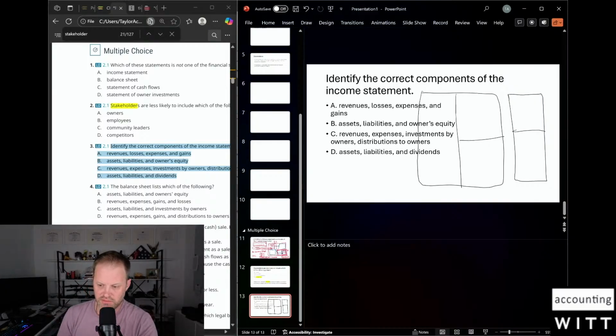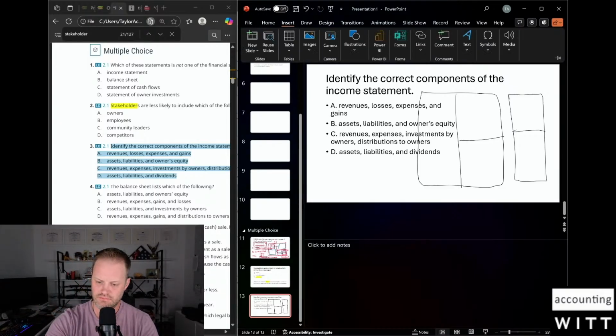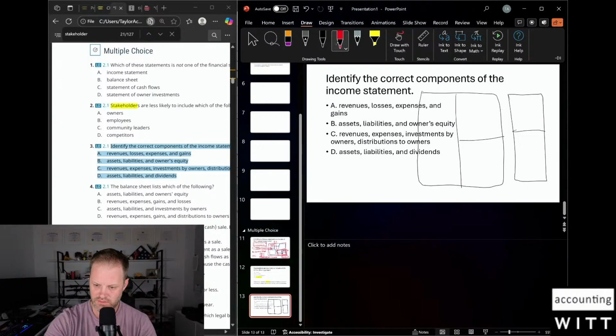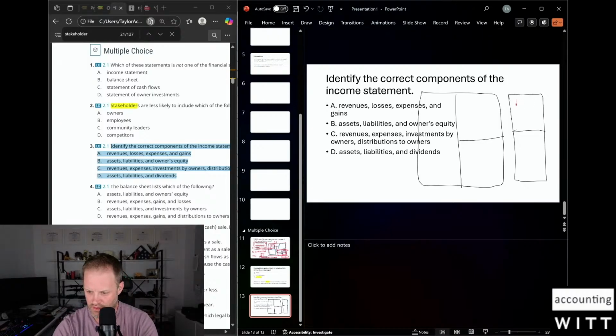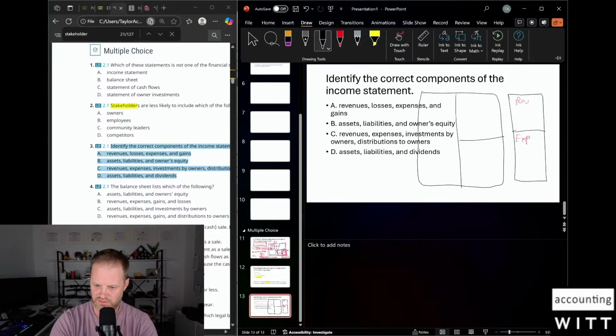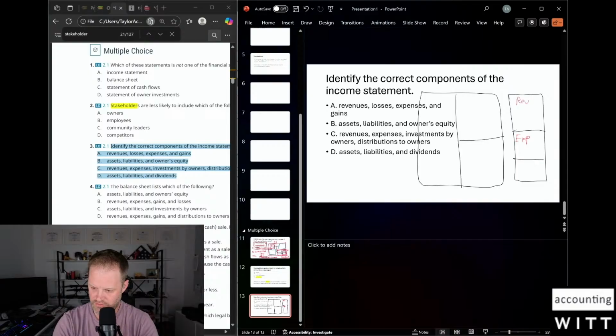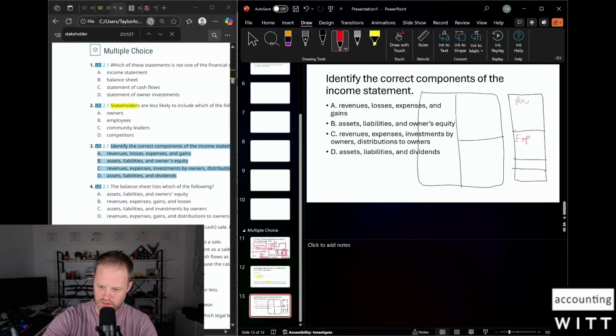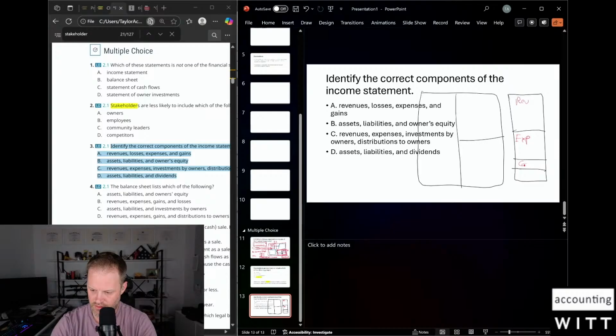So this version of the picture, this is the level 2 version of it. All right, so revenues, expense. I guess I should probably enhance this even more to have another section where I say gain and loss.